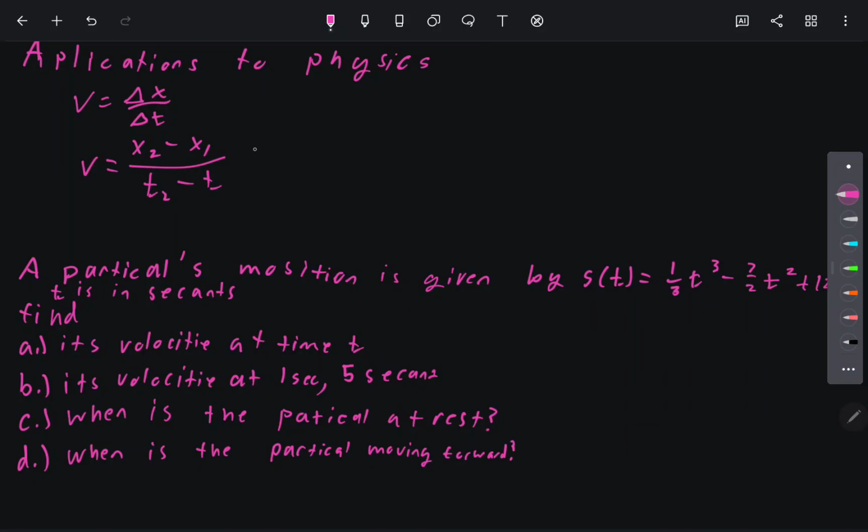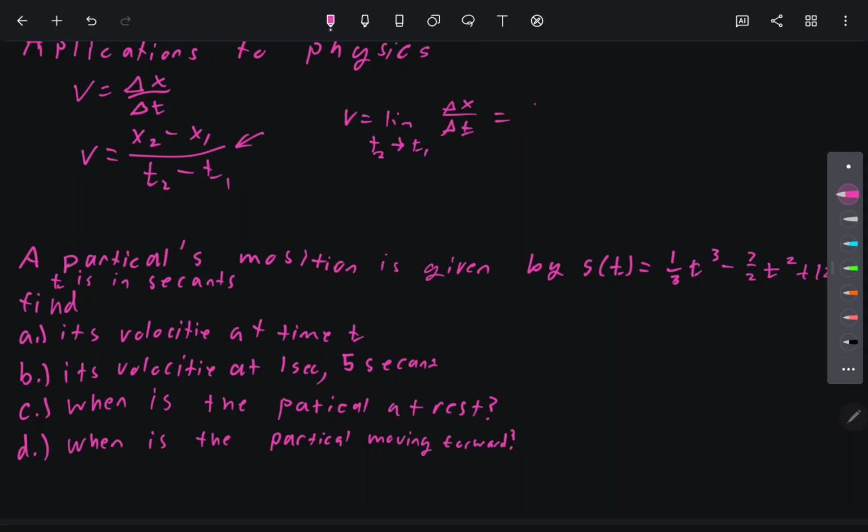What does this look like? This looks like an average rate of change, and you would be right. If we want our instantaneous velocity, all we have to do is say the limit as t2 approaches t1 of the change in x over the change in t.